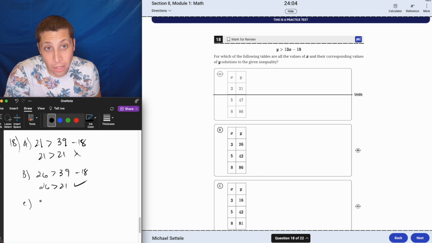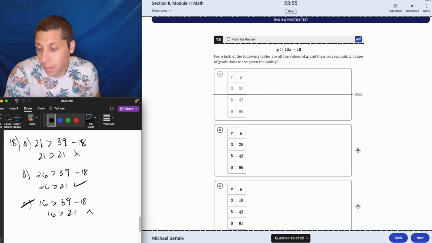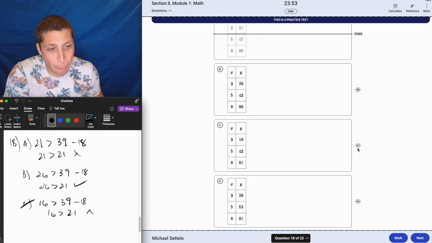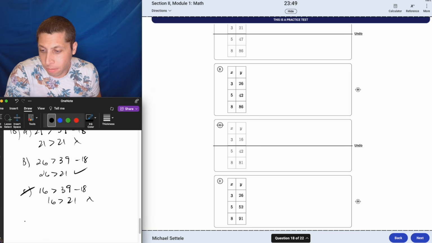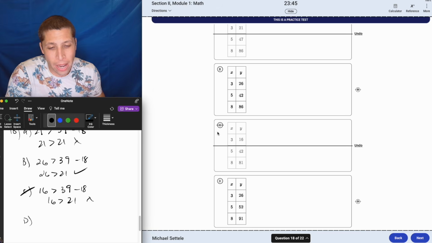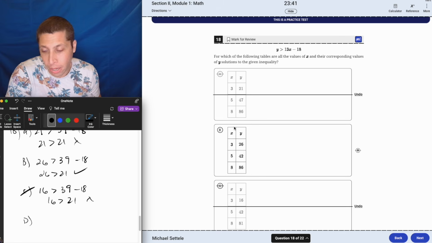So this is going to be 16 is greater than 39 again, minus 18. So we keep getting 16 and 21. No, it's not. And D. Oh, same point. So we got to do the other point. Let's do 5. So see, I hate these big ones. You got to scroll around.